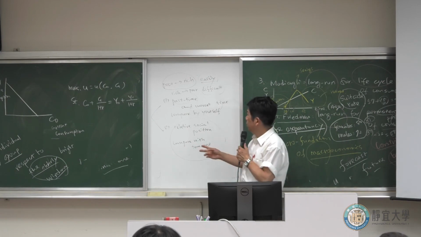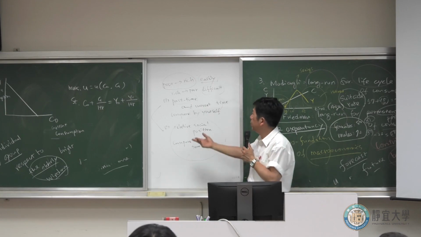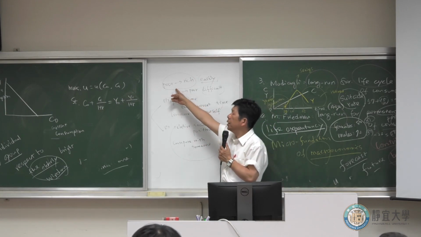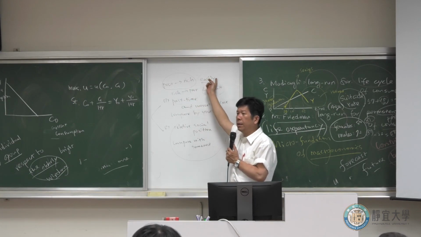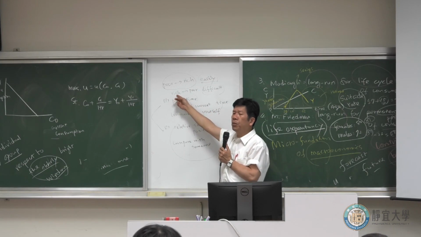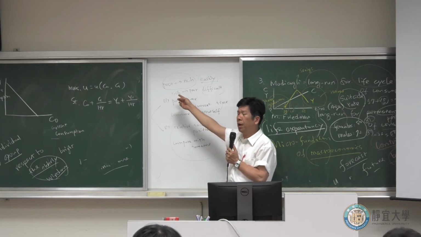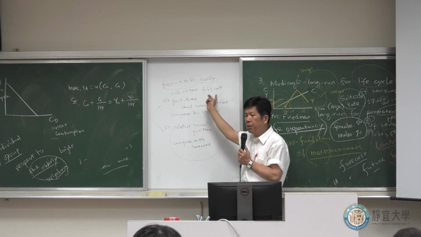Okay, so we can find for most people, going from a poor situation to a rich situation is easy, it's good. But if one day you go from a rich situation to a poor situation, it's very difficult for everybody.